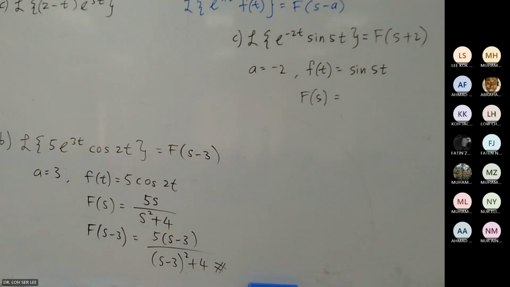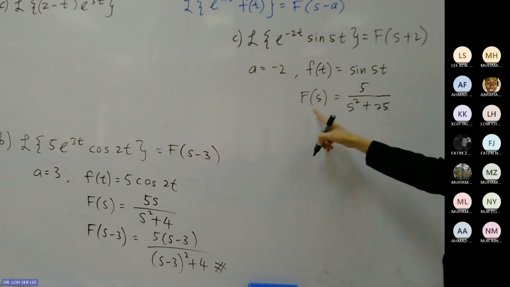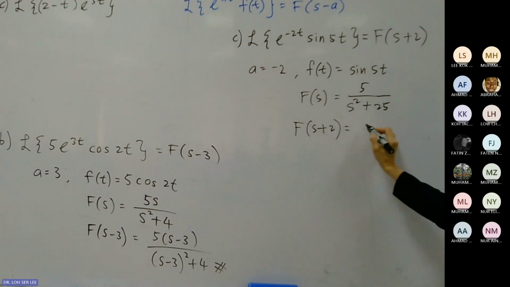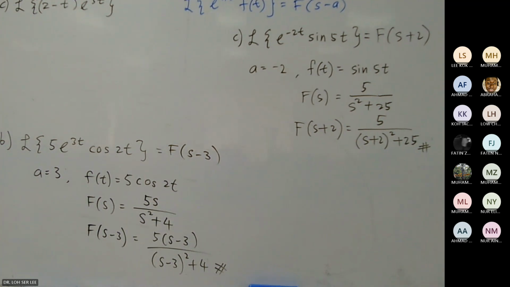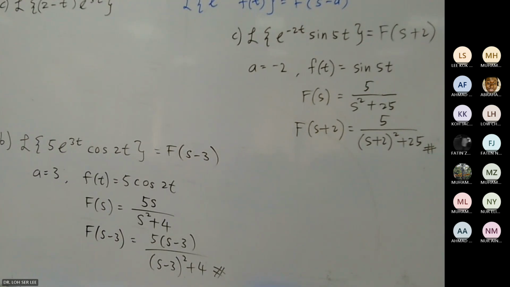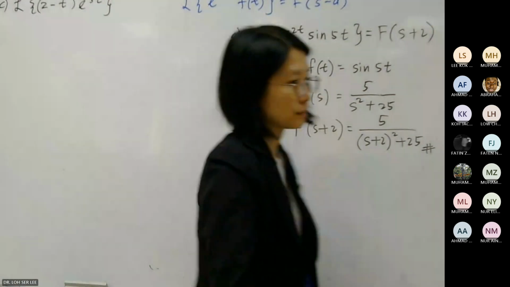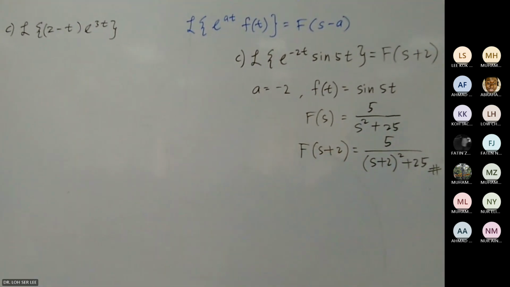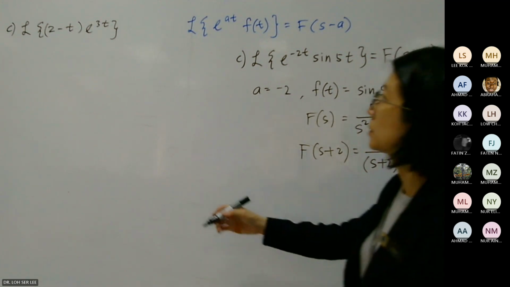We'll get F(s) as 5 over s squared plus 25. And lastly, we want this s plus 2.